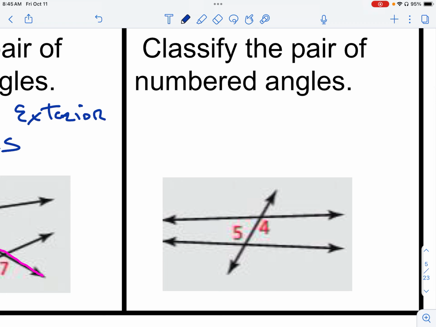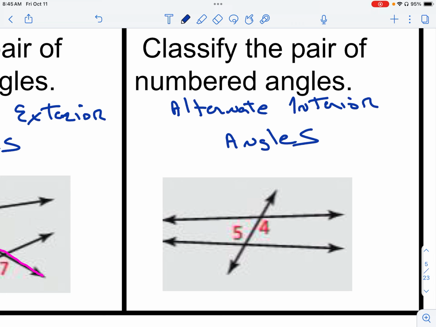And the last one, change sides of the transversal, so they alternate between the lines, so they are interior angles. Keep it simple, and you'll always get it right.